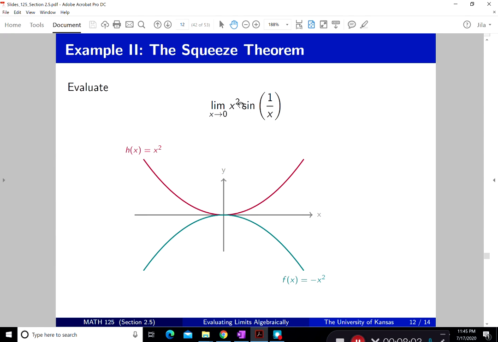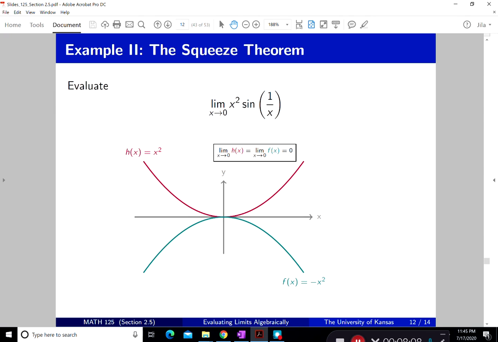First of all, we know that as x approaches 0, the limit of the parabola h of x is the same as the limit of f of x, and is equal to 0. So these two are good candidates for the Squeeze Theorem.